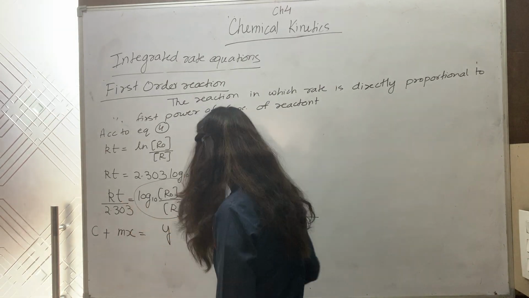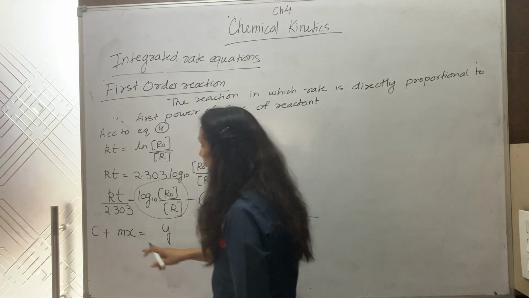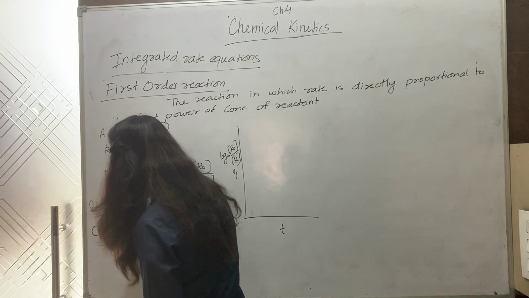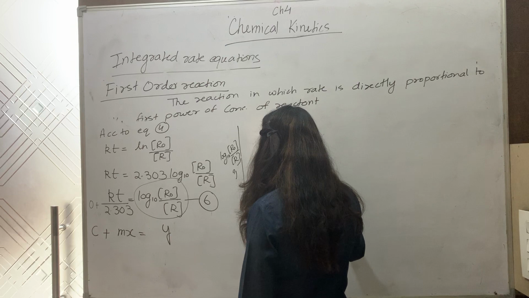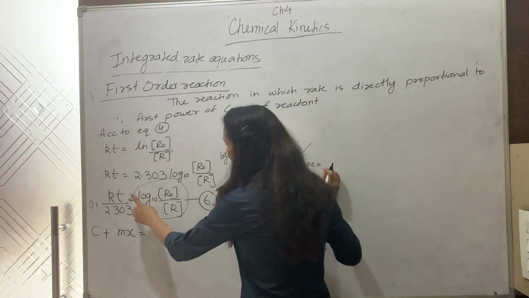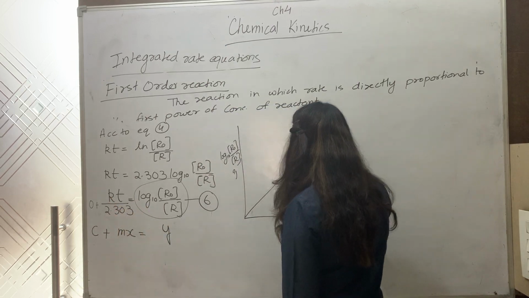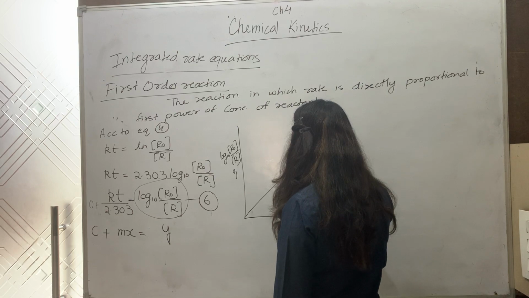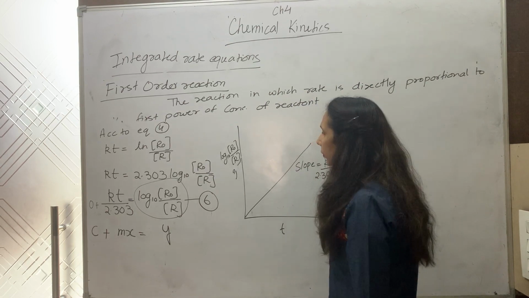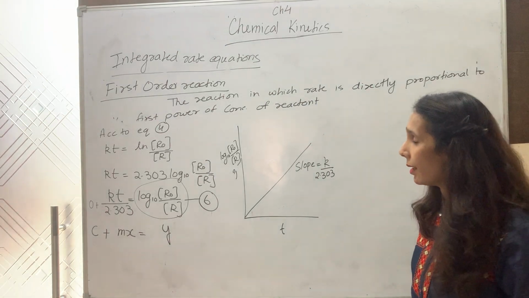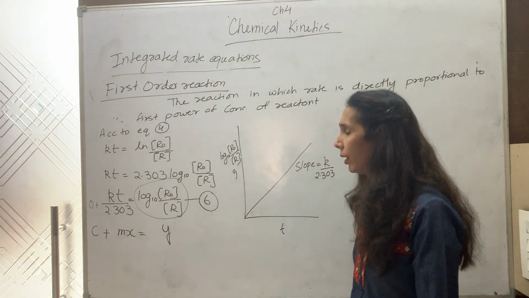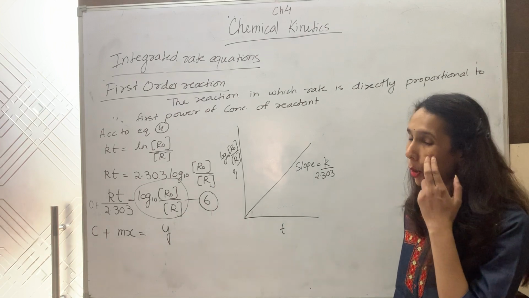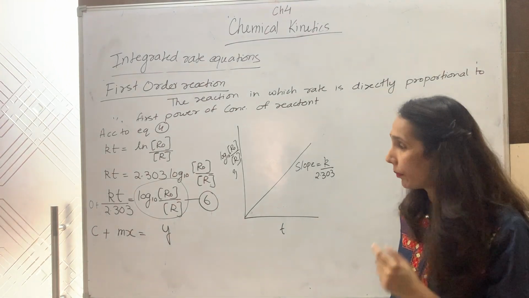X is t. You know there is no c, so intercept is 0 and the slope is positive. But here slope is equal to k upon 2.303. So this is the graph according to equation 6.